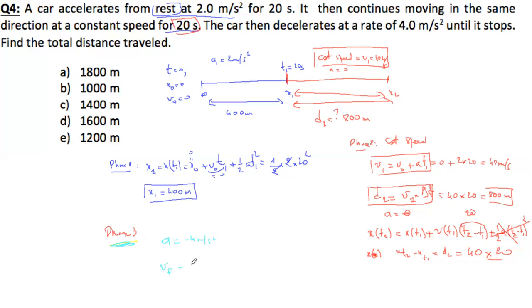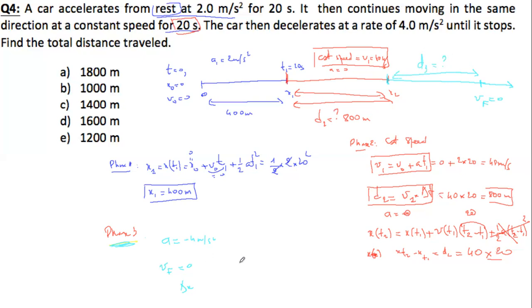V final is 0. So the question is, what is delta x? So here, this is the x-axis. So this is phase 3. V final is 0. I did not give you the time. I will not need it. Okay? But I want the distance between here and here.